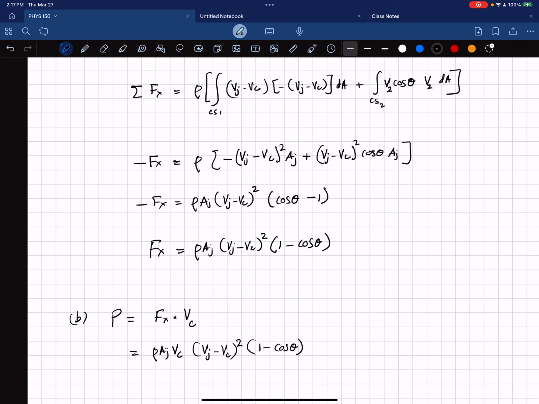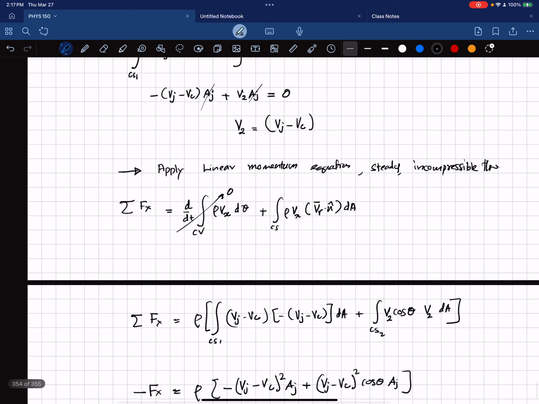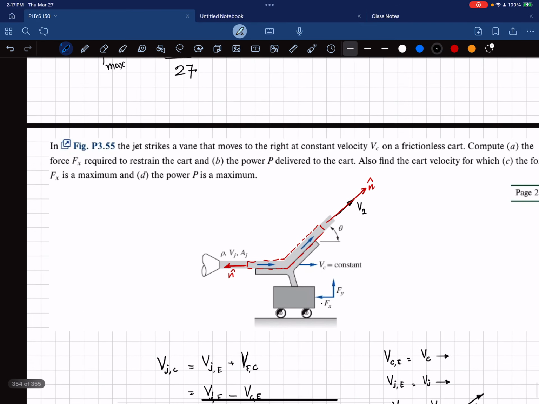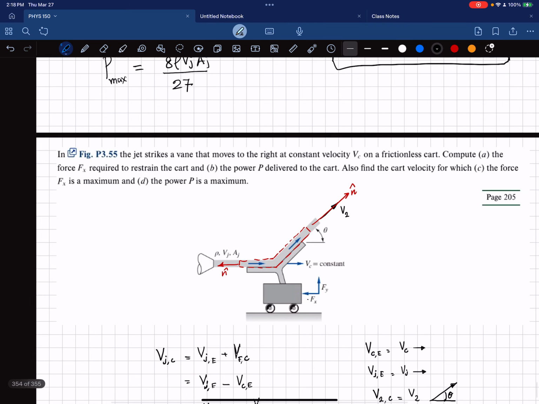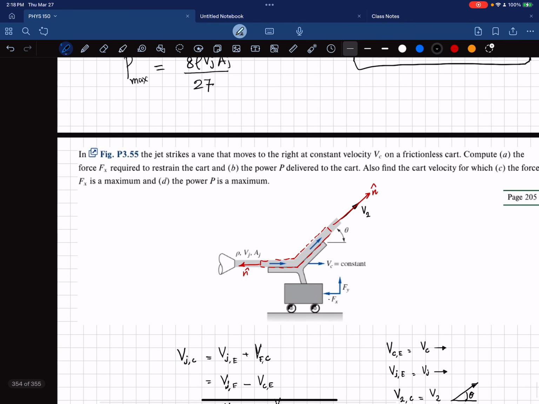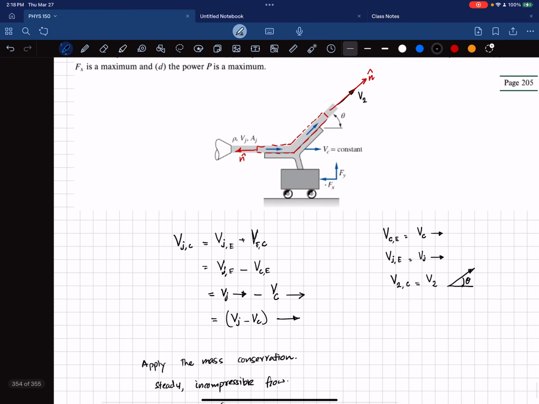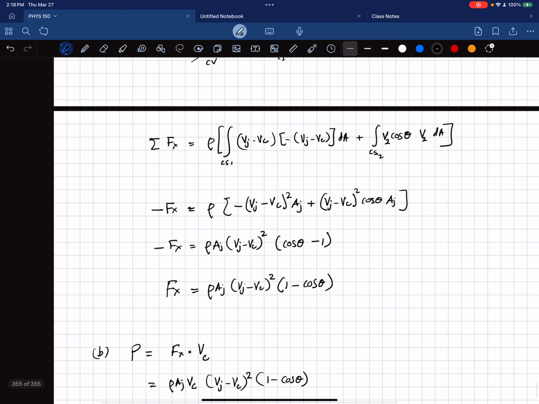So what is the next question? The next question is to find the velocity of the cart for which the force Fx is maximum. Okay, what is the maximum force?